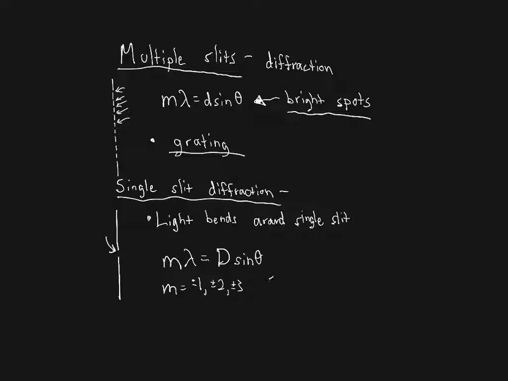We notice that we don't start at 0. There's no m equals 0 order for diffraction. No central order. And D is not the separation of the slits, not the distance between them. D is actually the slit width, how wide your slit is.